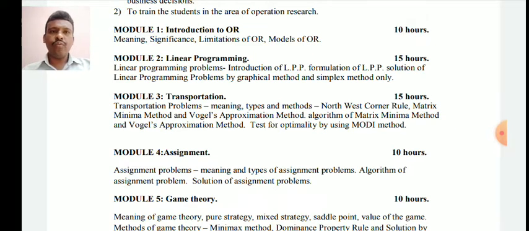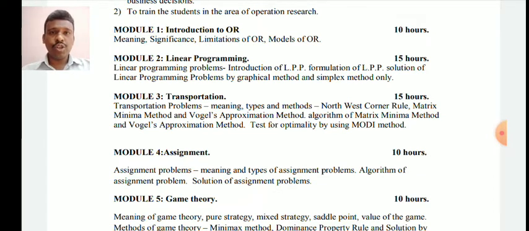From module number 2, we begin with problems, that is numericals, and module number 2 deals with the first type of model, that is linear programming. Under linear programming problems, we have introduction to LPP, that is linear programming problem. Then formulation of an LPP, how you prepare a problem based upon a particular situation.